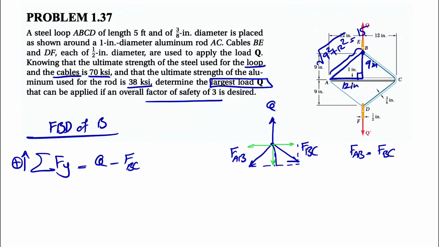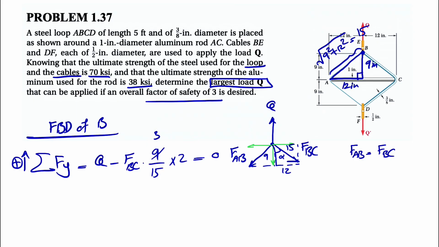And we have the same thing. This is 9, 12, 15. And the y component would be the adjacent of that angle, which is 9 over the hypotenuse, or 15. And we have the same thing for AB. So instead of doing minus FAB times 9 over 15, I'm just going to multiply it by 2, is equal to 0.